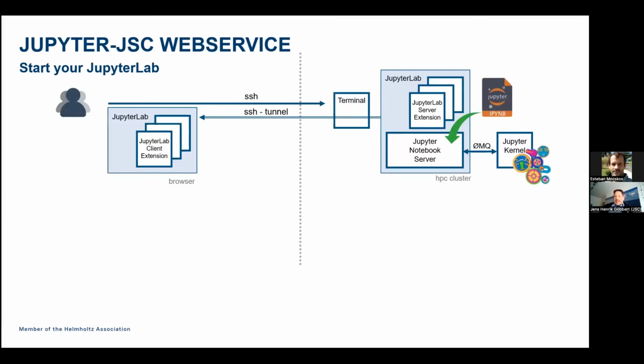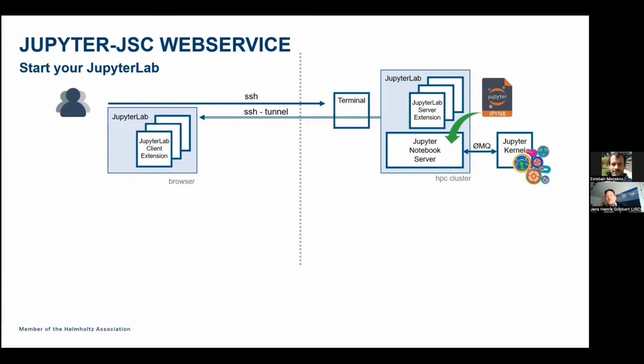So, as I said, how would Jupyter run if you just say, okay, I have access to an HPC system, let's start that. Then you would start your JupyterLab on the HPC cluster. Here it's on the right. This JupyterLab is the Jupyter Notebook server, or nowadays it's called Jupyter server, with JupyterLab server inside of that attached to it.